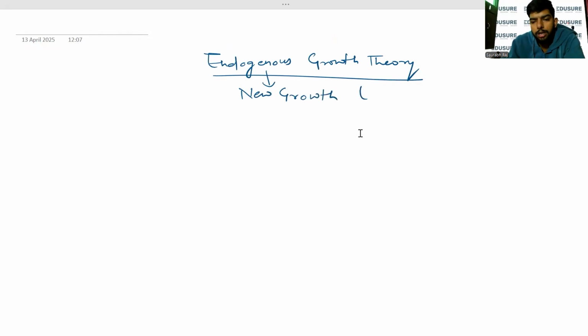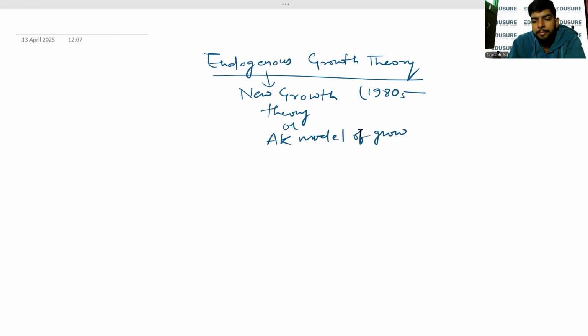In the 1980s, from the advent of the 1980s, it started, and now in recent years also there are some growth theories developed. So endogenous growth theory is also called the new growth theory, also called the AK model of growth. Why the AK model of growth?